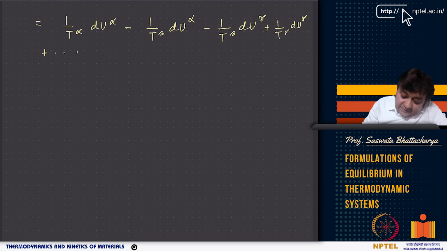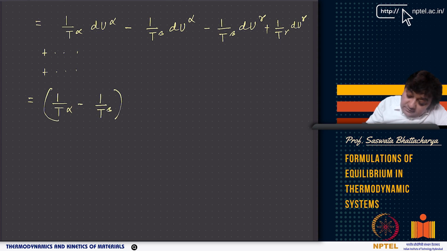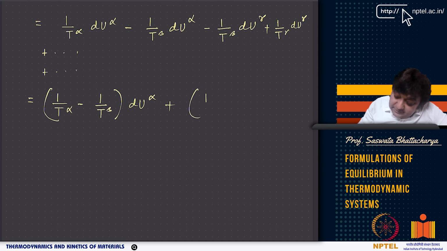And similarly for the mu, right? Now in that case I can group them like (1 by T alpha minus 1 by T beta) dU alpha plus (1 by T gamma minus 1 by T beta) dU gamma.